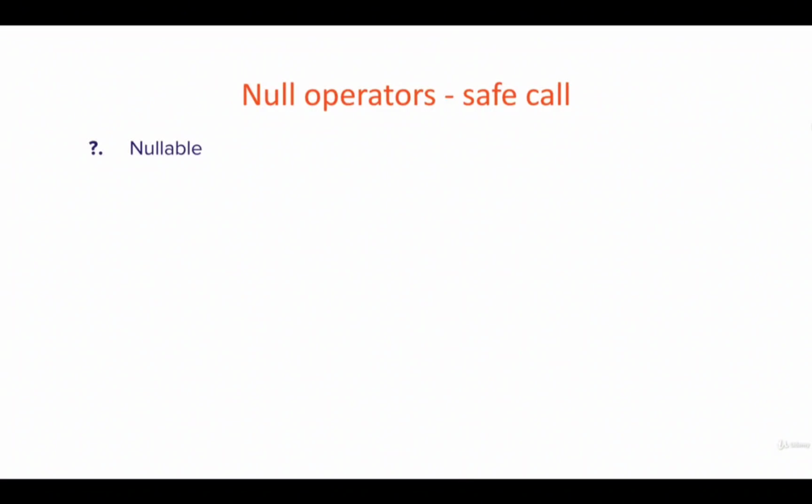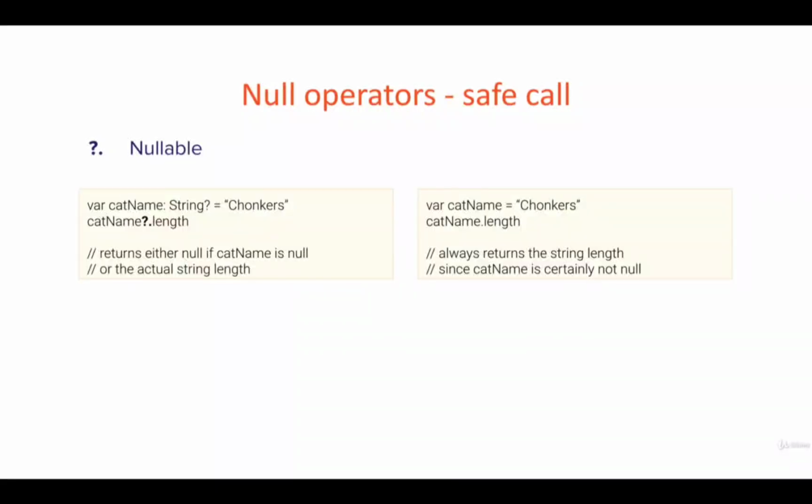We have the nullable operator. And this nullable operator is basically an operator that we can use when we are dealing with nullable variables. Okay, so here's an example. Let's say we want to get the length of this string. On the right-hand side, we know how to do it. If we have a non-null variable, we simply say cat name.length.